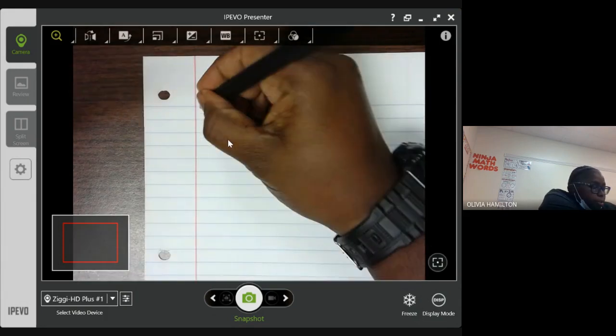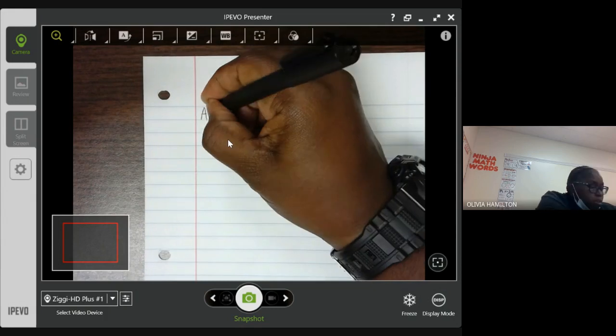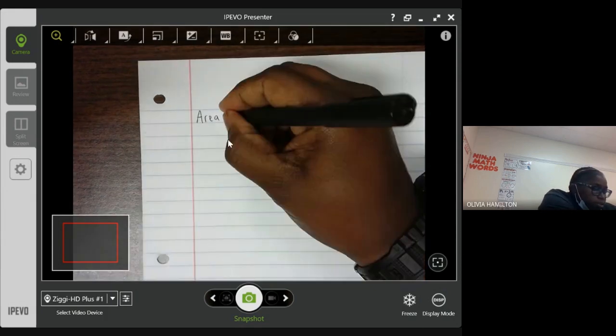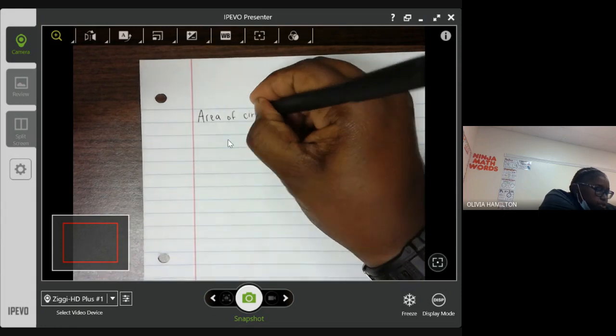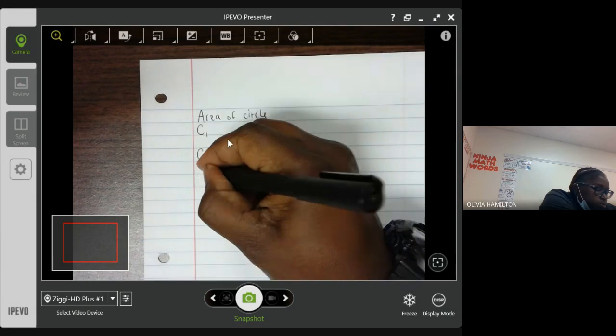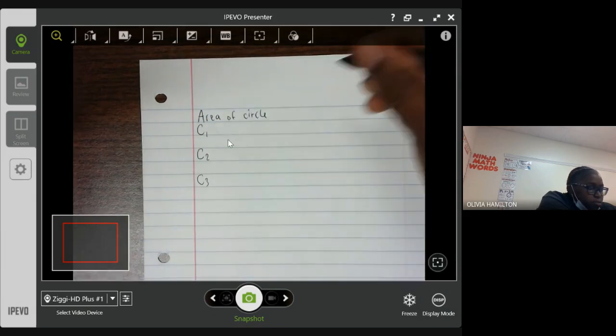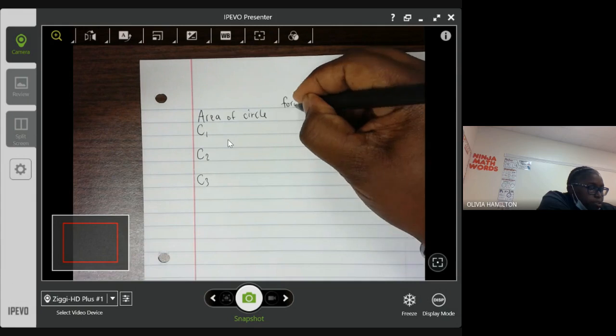So on the paper, I'm finding area of a circle. And not just one circle, three circles. So I have 1, 2, 3. Now, I need the formula, otherwise I'm not going to be able to solve these correctly.